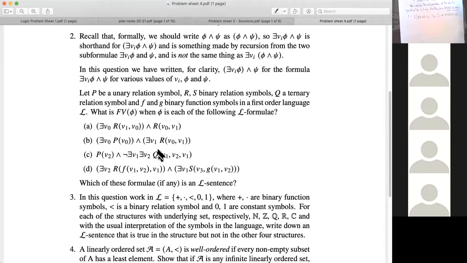So here, the question of what are the free variables of phi. It makes little difference whether this is an exists or for all. If you want to answer the question with exists in, you're going to end up with the same answers if you put in for alls. So I don't mind whether you change those exists to for alls. You'll be getting the same answer.